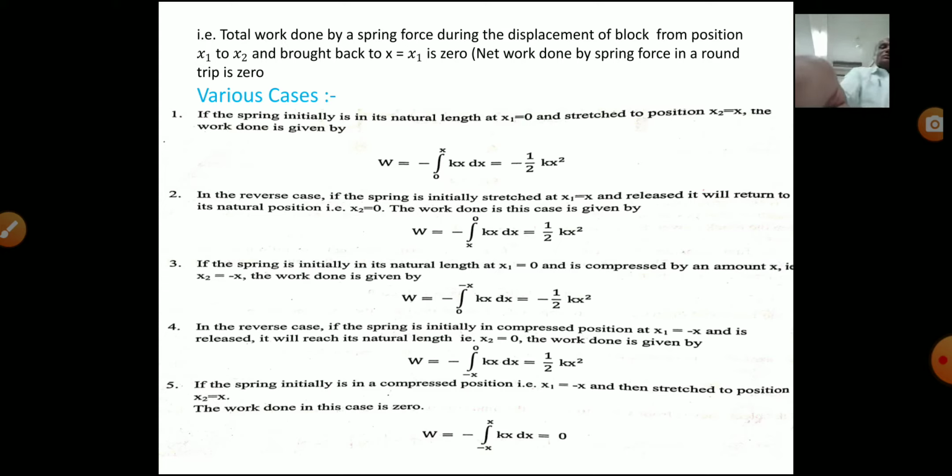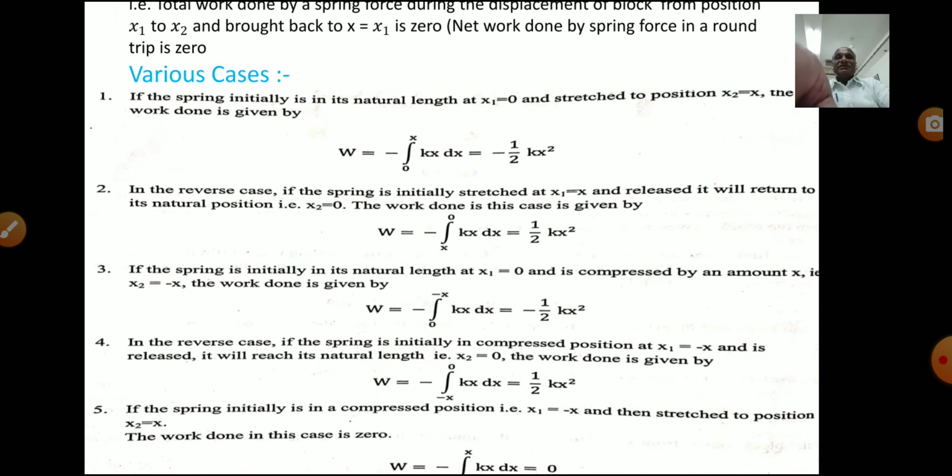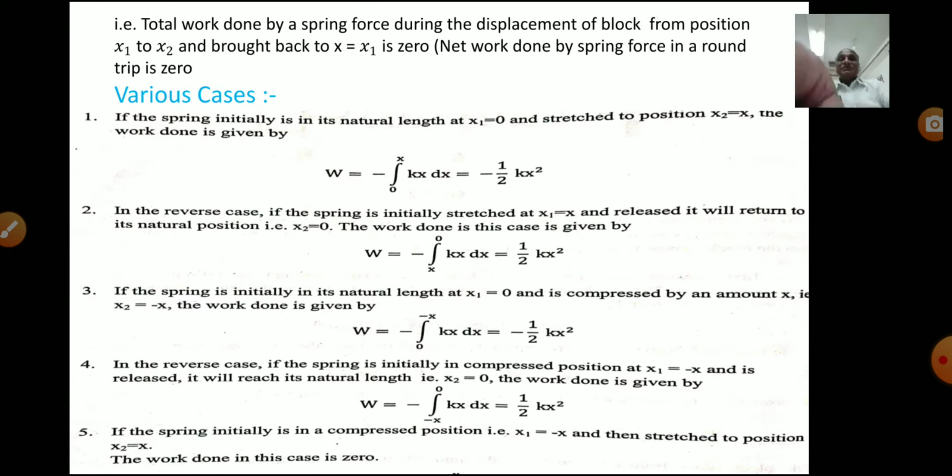Now using this formula we study the different cases. So this is the first case. The first case is when the spring is initially at its natural length, that is x1 equal to 0, and stretched to position x2 which is equal to x.